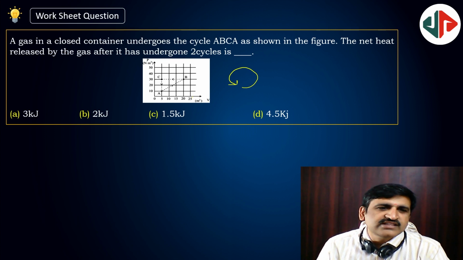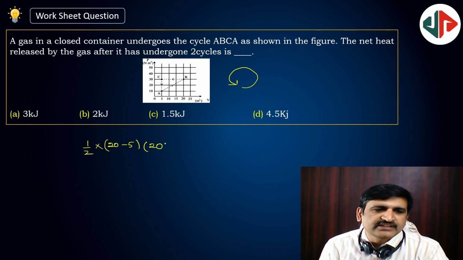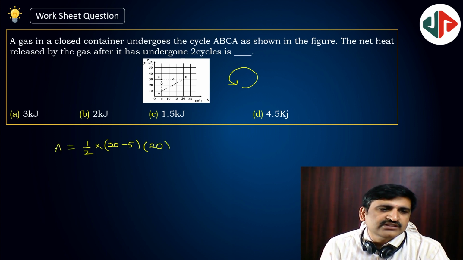So what is the area enclosed by the graph? Area enclosed by the graph is half into base, 5 to 20, 20 minus 5, into height, 30 to 10, that is 20. Yeah, 30 to 10 is 20. So this area will be 15 tens are 150.